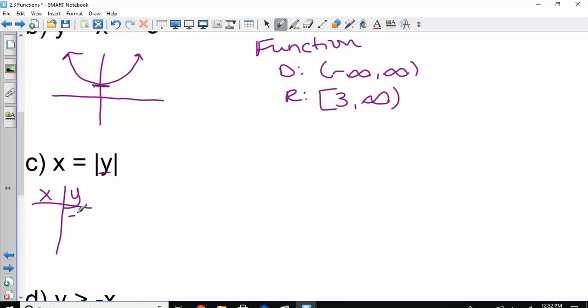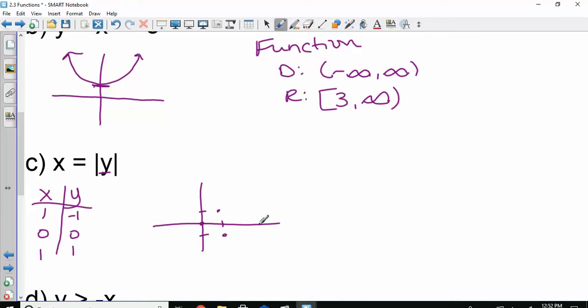I'm going to do the y, so maybe I'm going to put in just a few. If I put in a -1, the absolute value of -1 is 1. If I put in a 0, absolute value of 0 is 0, if I put in a 1, absolute value of 1 is 1. So if I plot (1, -1), (0, 0), (1, 1), what is this graph going to look like?